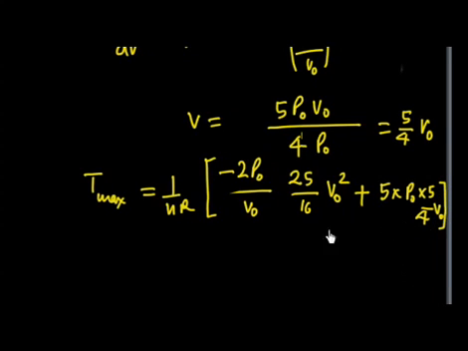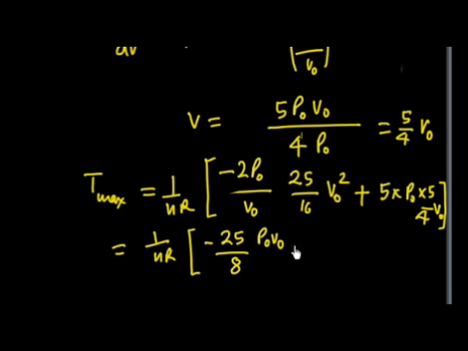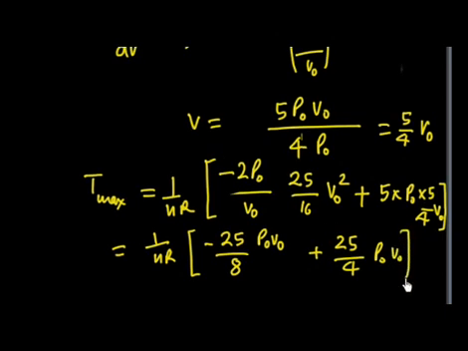So next time I have to take slightly bigger page. You see, so what we have? If I do calculation, so this comes of 1 by NR, and this is simply 25 by 8 with a minus sign, P naught V naught. Now what is here? So 25 by 4, so plus 25 by 4 P naught V naught.